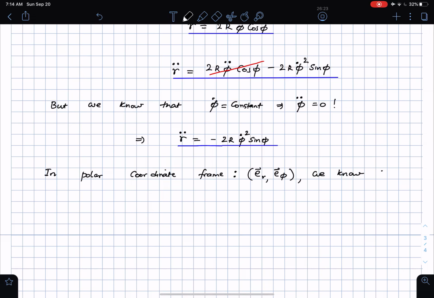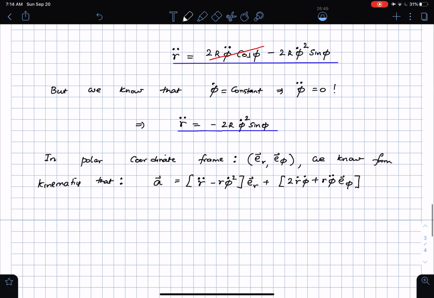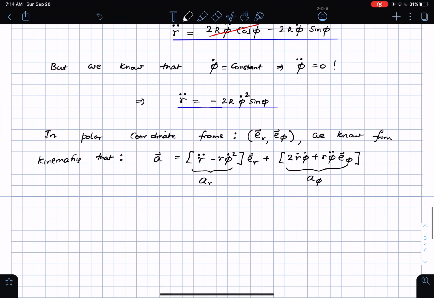We know from kinematics that acceleration is r double dot minus r phi dot square ER, and then 2r dot phi dot plus r phi double dot E phi. Okay, so this is the radial component of the acceleration. This is the transverse component of the acceleration.